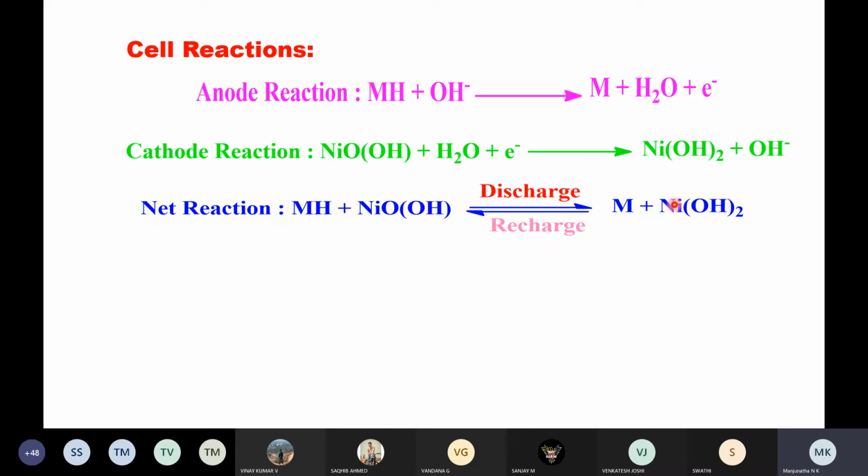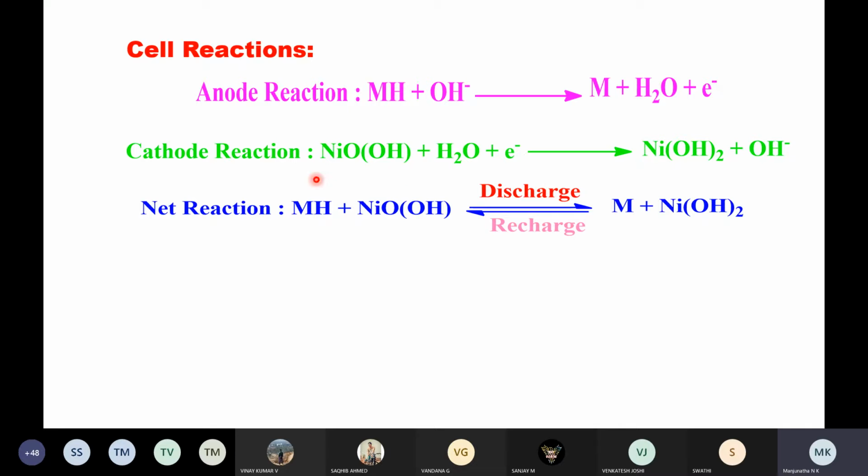The nickel metal hydride battery is a secondary battery, therefore it undergoes both discharging and recharging processes. In the case of the discharging process, it acts as a galvanic cell where chemical energy is converted into electrical energy, in which first at the anode, the metal hydride undergoes oxidation reaction and is oxidized to metal with the liberation of electrons. Once the electron is liberated at the anode, it moves towards the cathode.